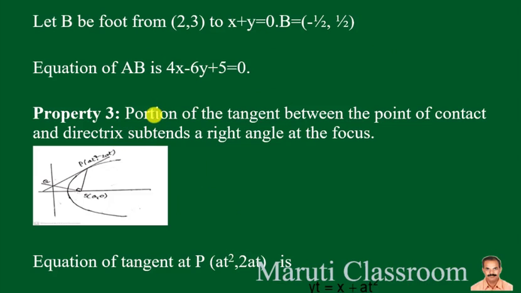Next property: the portion of the tangent between the point of contact and the directrix subtends a right angle at the focus. Take a point P (at square, 2at) on the parabola.